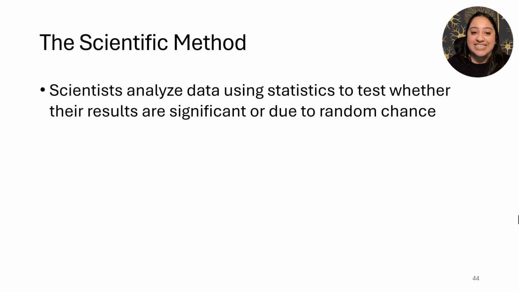If something is statistically significant, that means you've run specific tests and it proves, or maybe not 100% proves, but it's most likely, more than 95% likely, that this is not due to random chance. This is some kind of relationship between this thing and this other thing. So statistics help show those things.